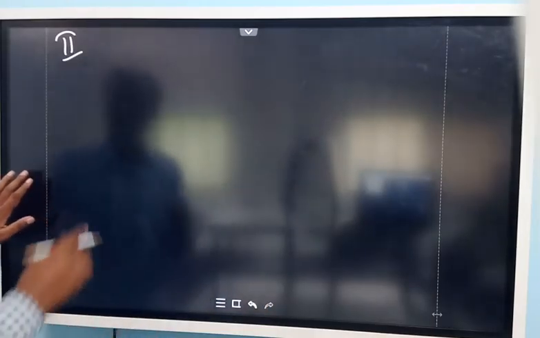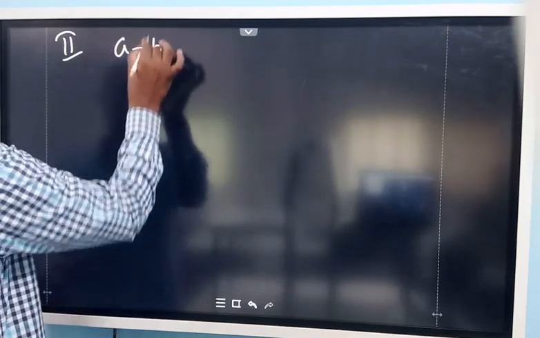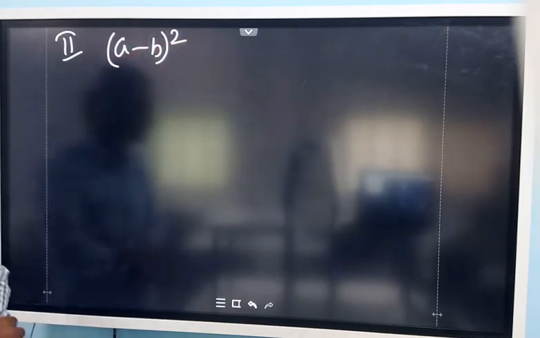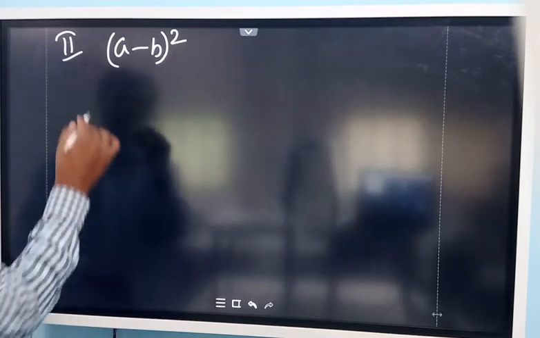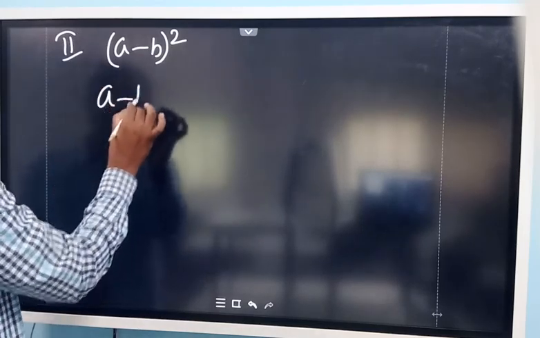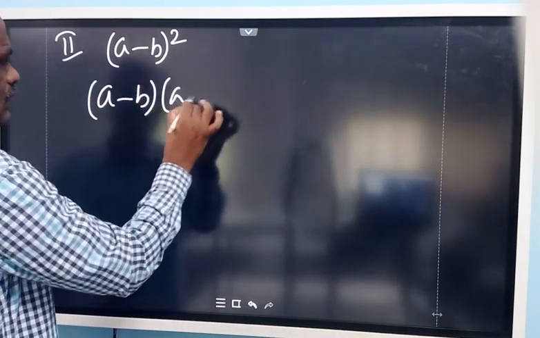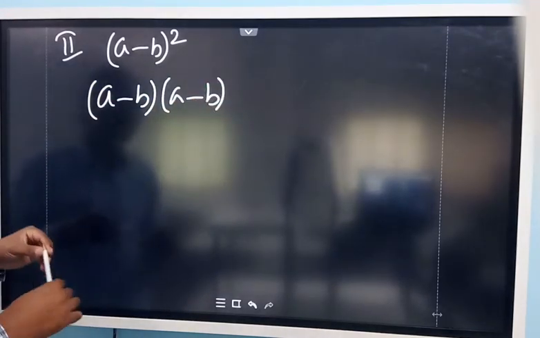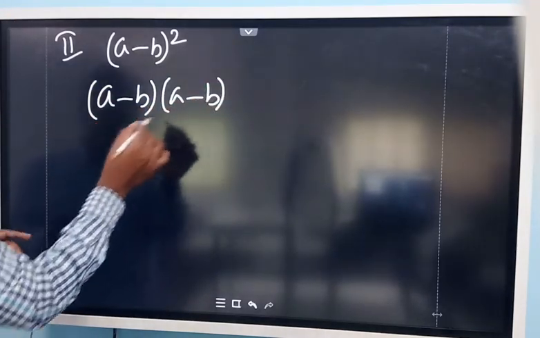The second one is (a − b)². Similar to the first one, you can multiply (a − b) into (a − b). So now we have to multiply this binomial by binomial.